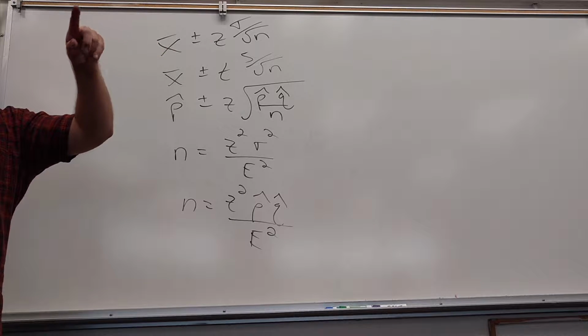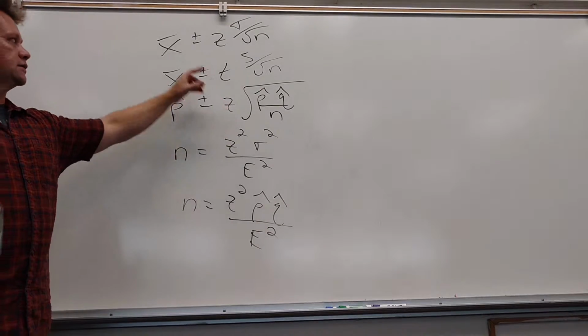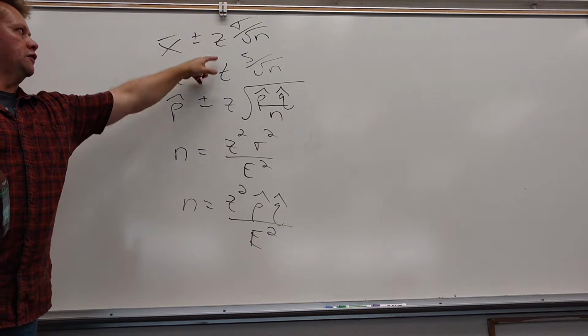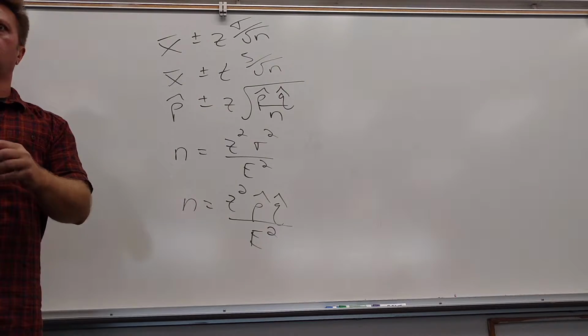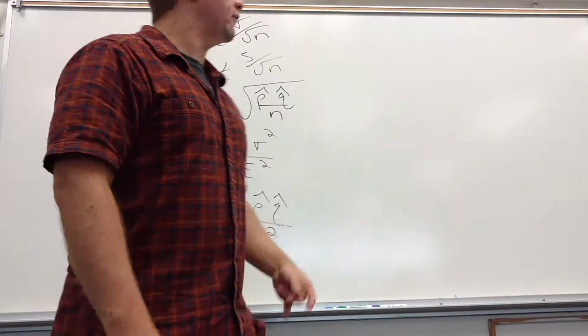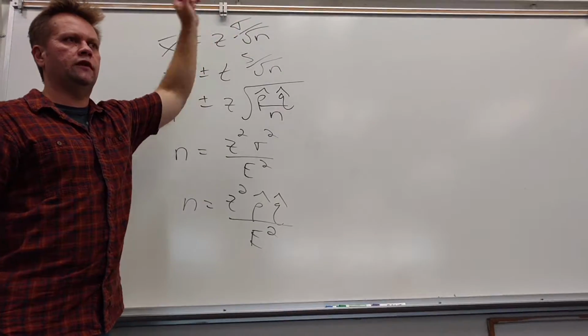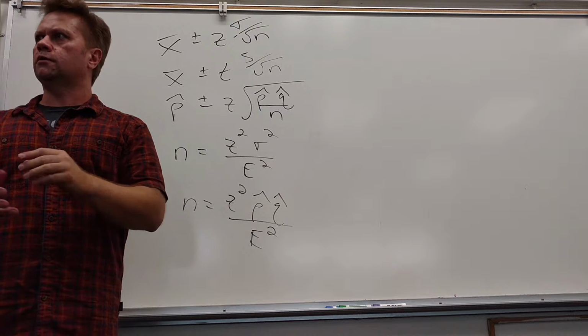NP and NQ bigger than 5. As long as it's normal enough, you can use z-scores. It's the sample means that have to use one of these two options, depending on what standard deviation we know. T-scores were invented to cover our ass for when we don't know the real standard deviation. That's why they were invented. So that's how I tell when to use them.